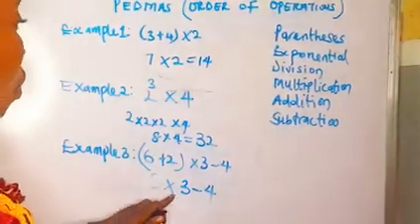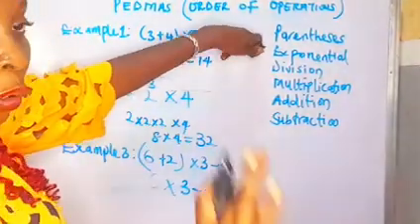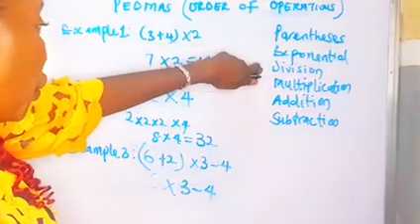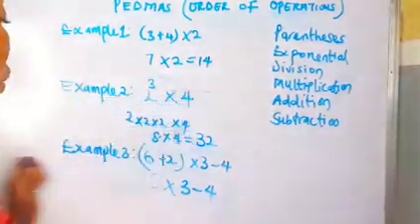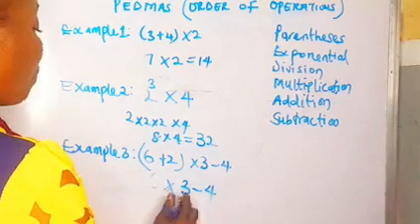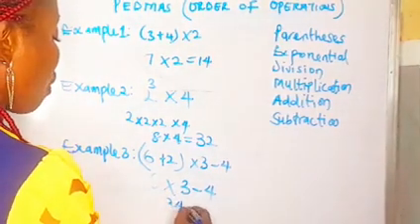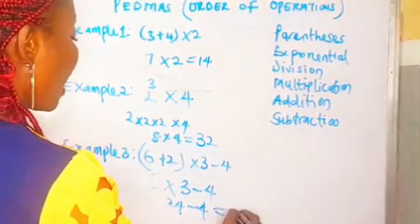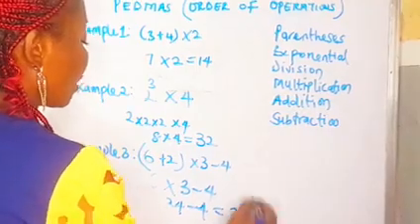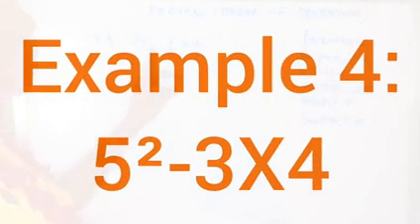There is no exponential, no power, no division. The next is multiplication. So we say 8 times 3, which gives us 24, minus 4, and our answer is 20.